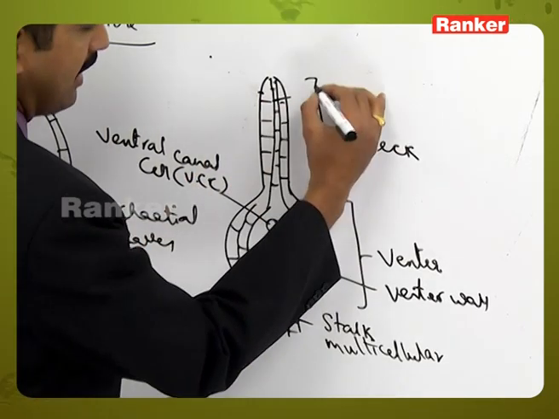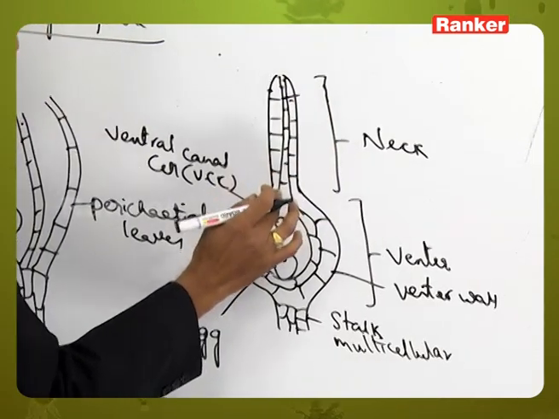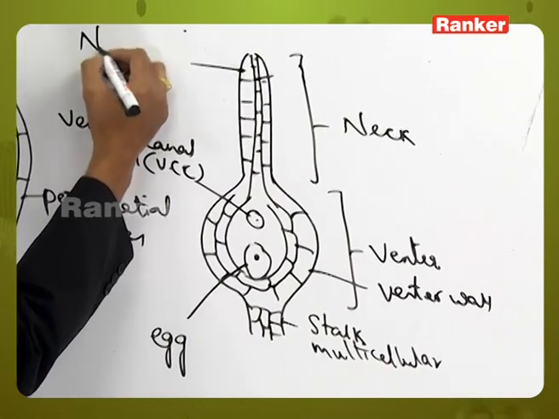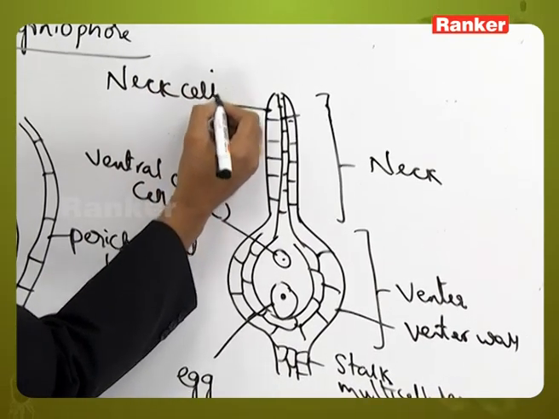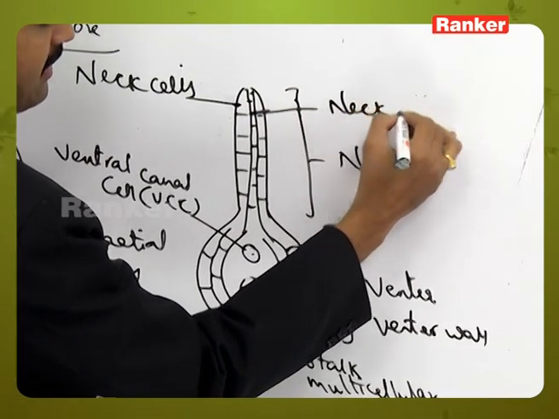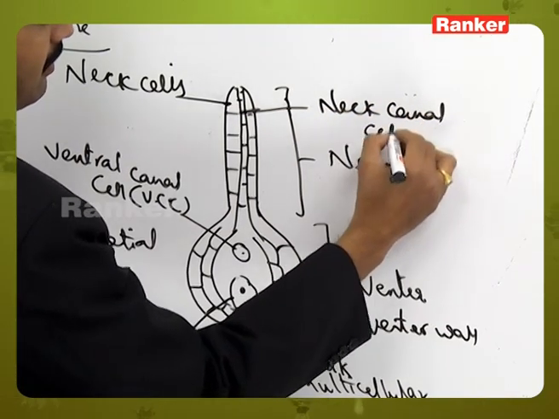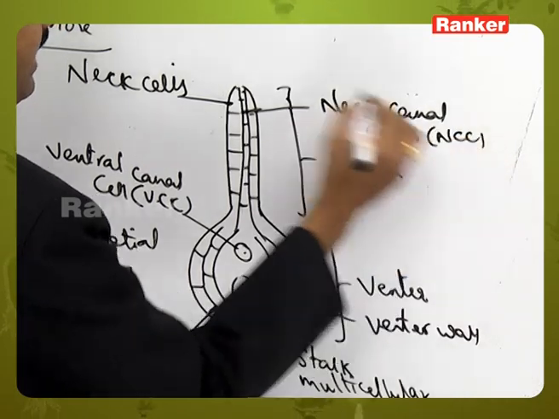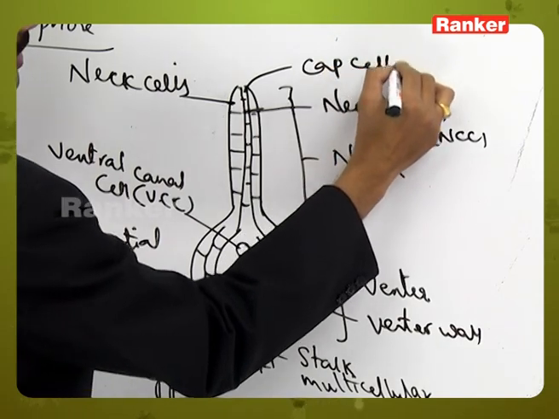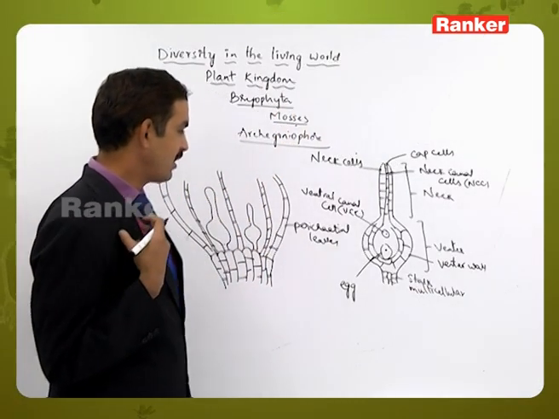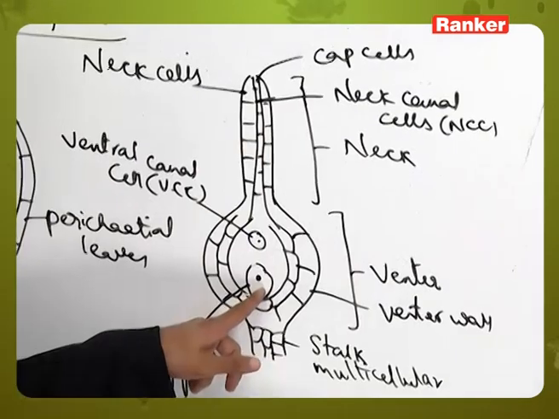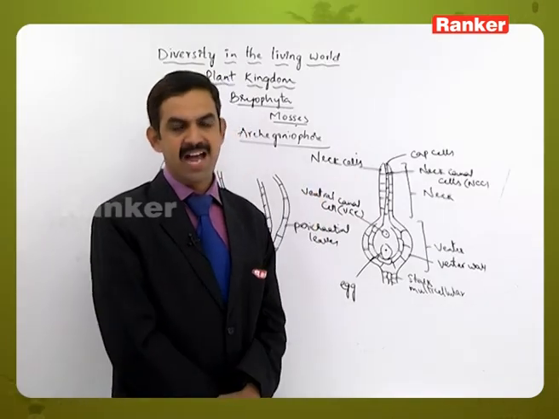This neck also has the jacket structure with some cells in the center, and the jacket cells are called neck cells, and in the center we can see some cells, those are called neck canal cells, and above that the cap cells are also present. So this is the structure by which this archegonium is made up, and one archegonium will produce only one egg cell which is haploid in condition.